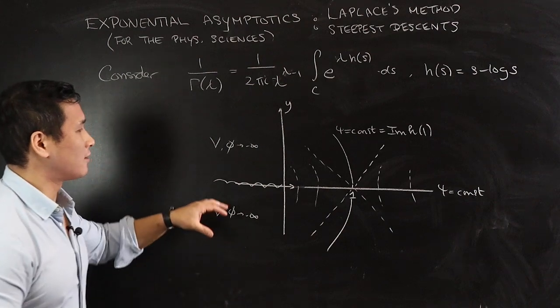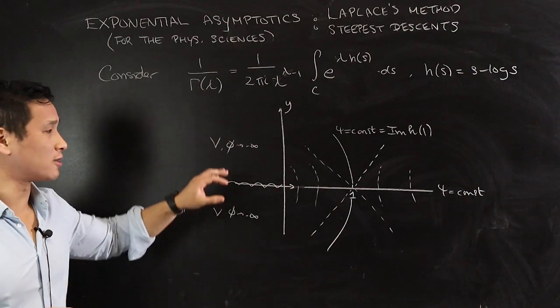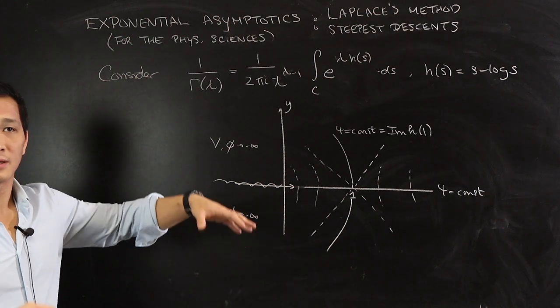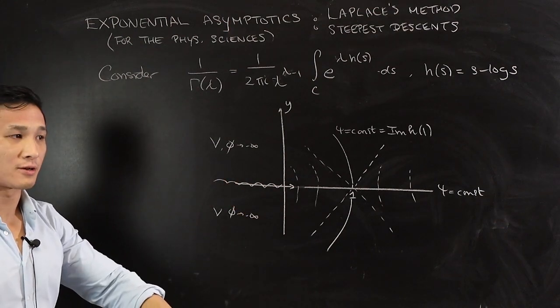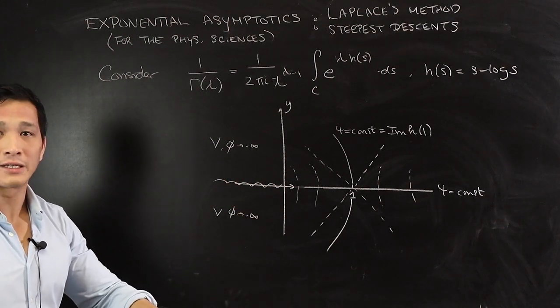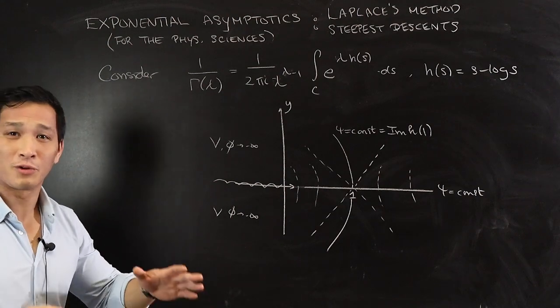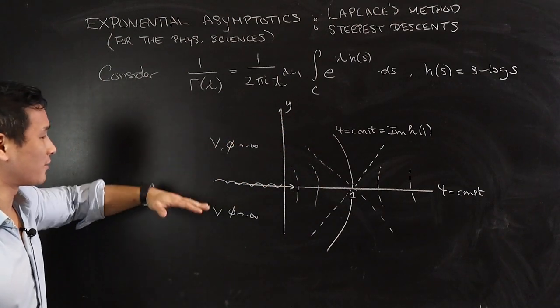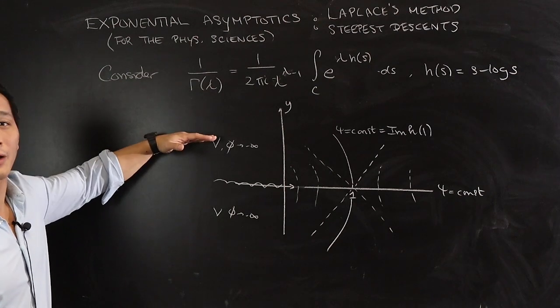So basically, the shape of the phi function over here and over here is low, right? Phi is going to -infinity, which you know that you need to have because if it didn't go to -infinity, it would not be integrable, right? And your original contour of integration goes from down here to up there, so that's good.